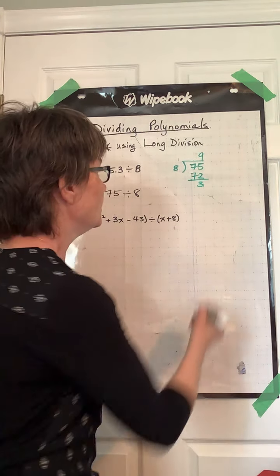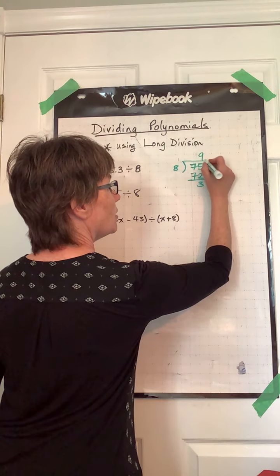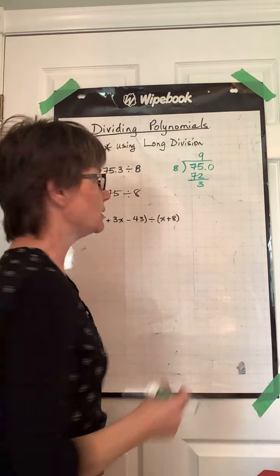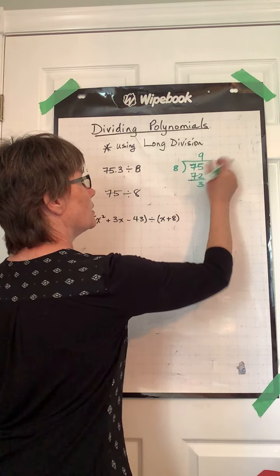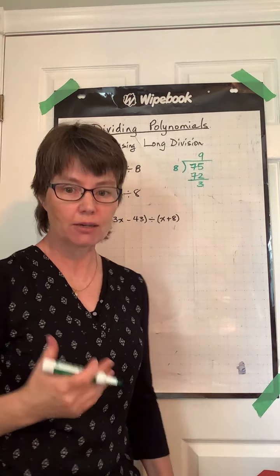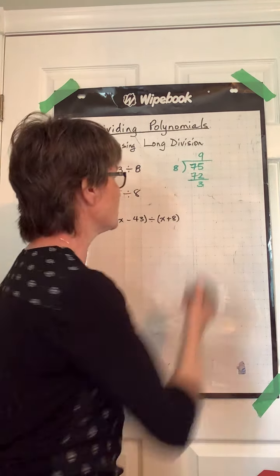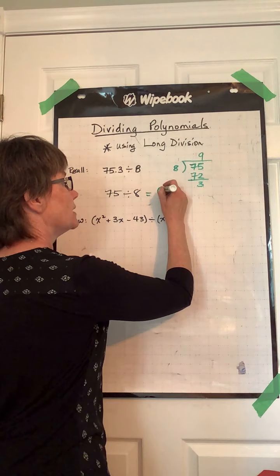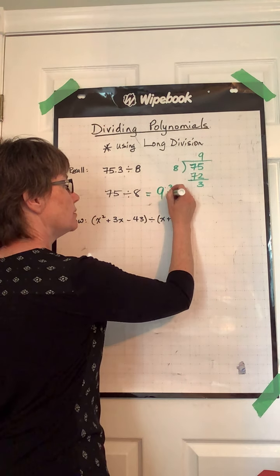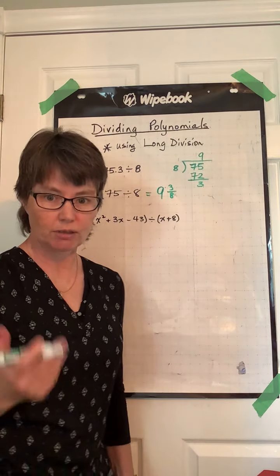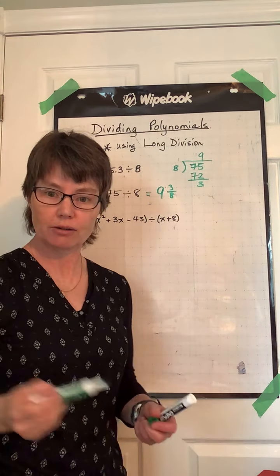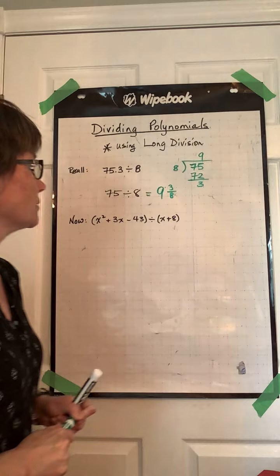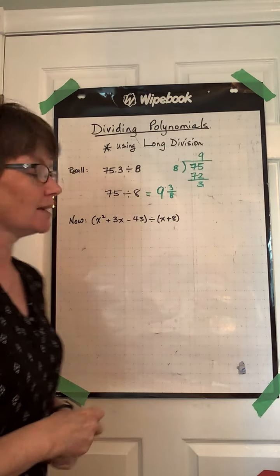Either we can put a decimal 0 and then keep on dividing out like we did last time, or we can say, I have a remainder of 3. So that means 75 divided by 8 is 9 3/8, because that 3 was the remainder, and it was a remainder of 8 parts. Okay, so 75 divided by 8 is 9 3/8.